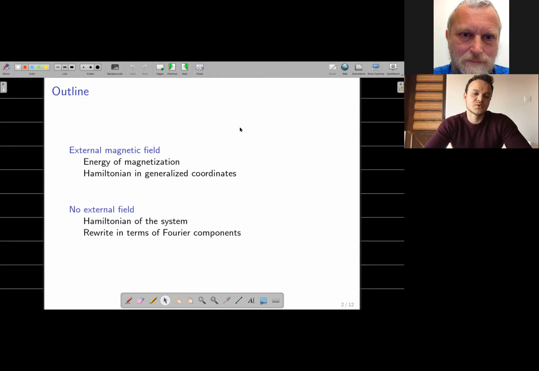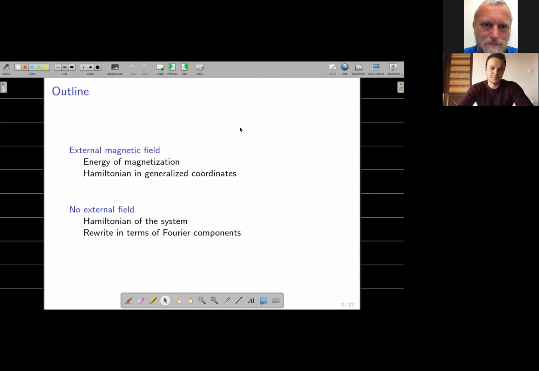Later on, we'll move to the case where there is no external field, but the magnetization will be space dependent. And again, in this case, we're going to look at the Hamiltonian of the system where fluctuations are present, and rewrite those fluctuations in terms of Fourier components in order to derive our magnons.